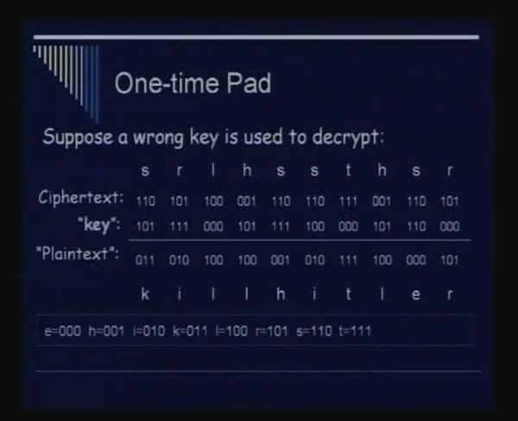Suppose a wrong key is used to decrypt. You take a ciphertext, take a value of the key, XOR them, and obtain a plain text. If this was a wrong key, then it really does not make any sense, just jumbled letters.